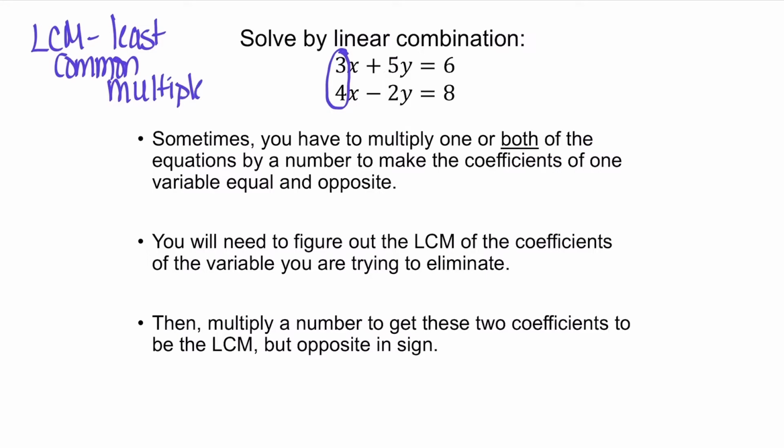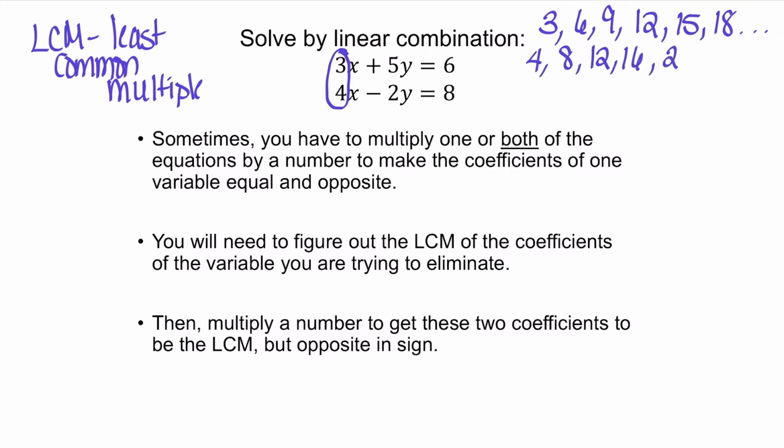So if you're doing 3 and 4, the multiples of 3 are 3, 6, 9, 12, 15, 18, etc. And the multiples of 4 are 4, 8, 12, 16, 20, 24, etc. Then you look for the least one that's in common. So 3 and 4, these are not common, but then you see 12 is the one that they have in common. So the LCM of 3 and 4 would be 12.